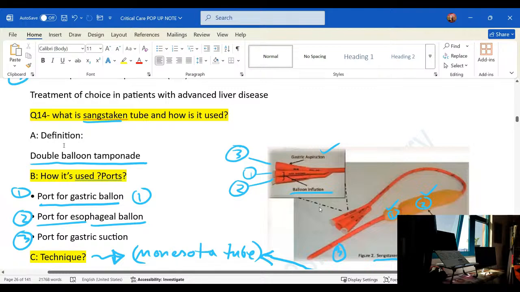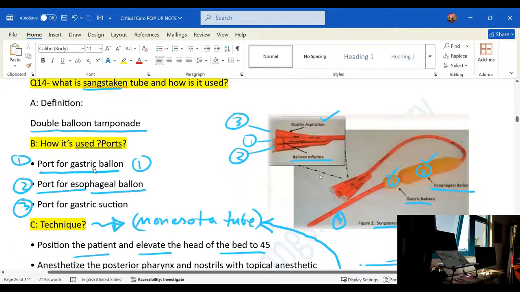It is a double balloon tamponade. What is Sengstaken tube? It is a double balloon tamponade. They have two balloons: one is the gastric balloon, another one is the esophageal balloon. And here they have multiple ports, like one, two, three.